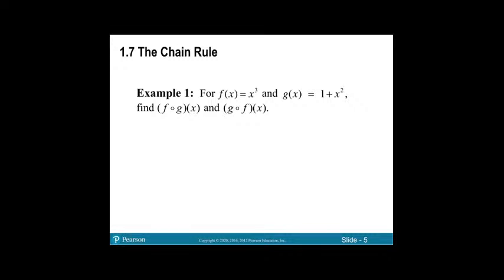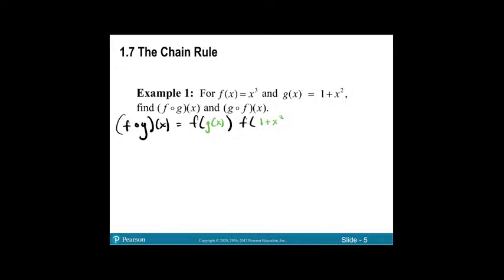If we're going to do f composed g of x, this means f of g of x. Let's do g of x in green. So this is going to be f of, what's g of x in this case? g of x is 1 plus x squared.